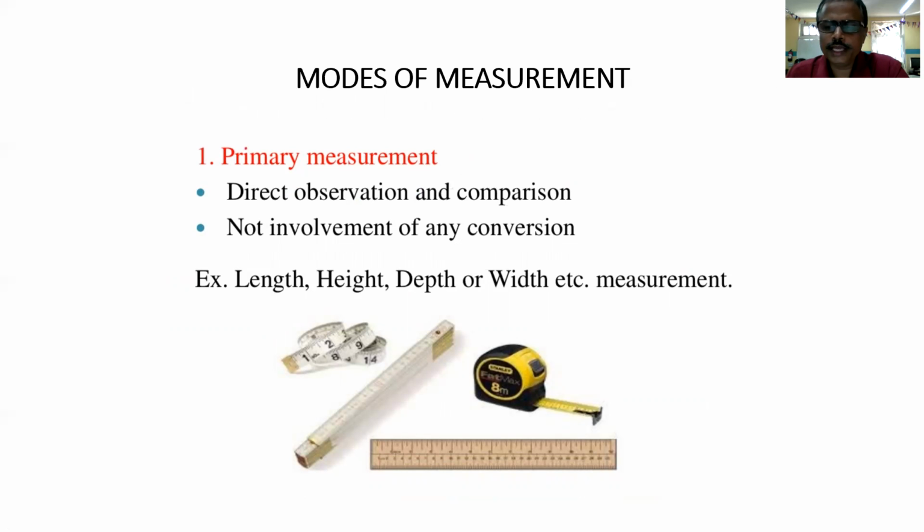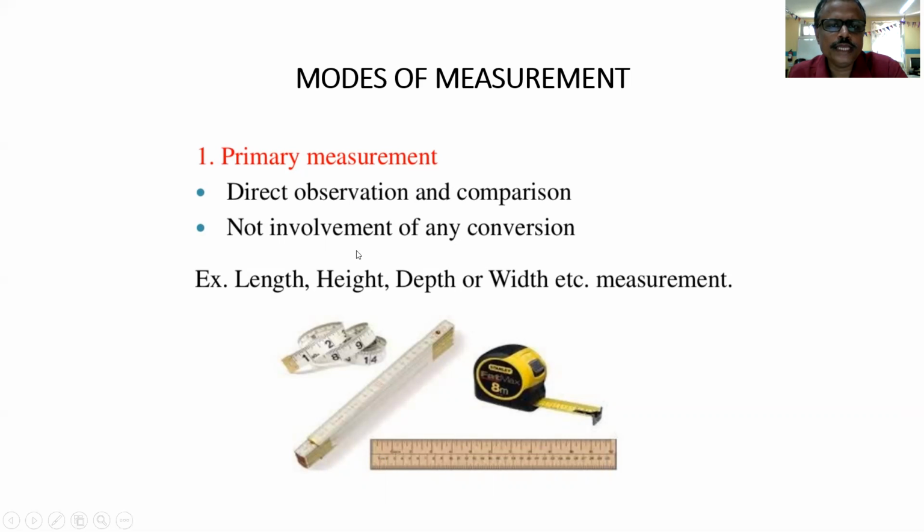Now, what are the modes of measurement? Primary measurement is where there is direct observation and comparison. You can take any object, compare it here and read the results directly.